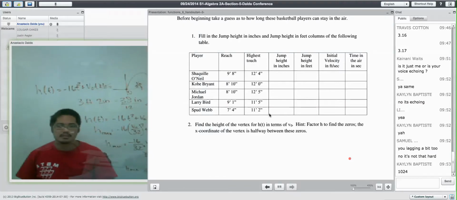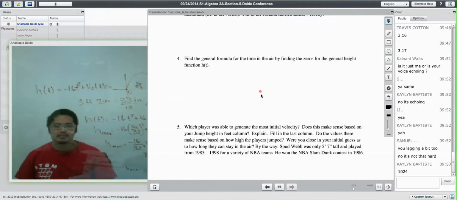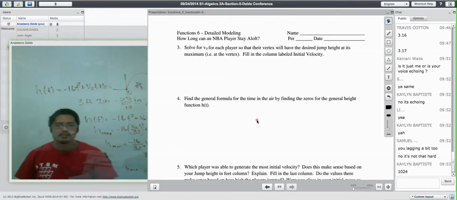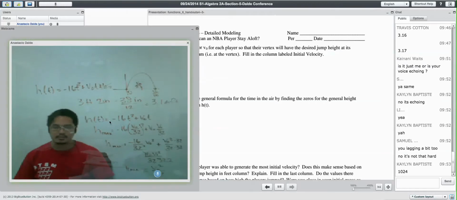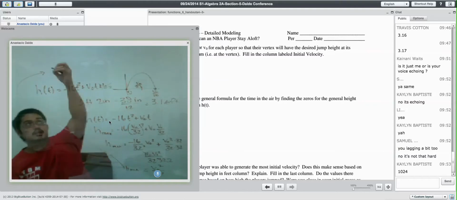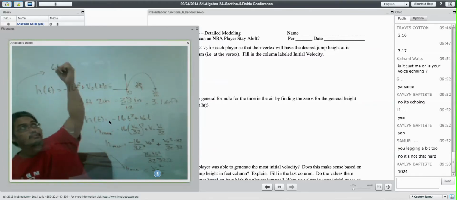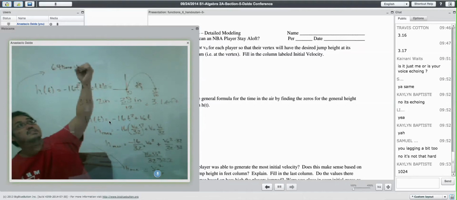Let's see what else they're asking. Solve for v naught so that the vertex will have the desired jump height at its maximum. Oh, okay. Well, all you got to do is just get v naught all by itself from this equation. If I have this equation, h equals v naught squared over 64, I can just go 64 times h max equals v naught squared.